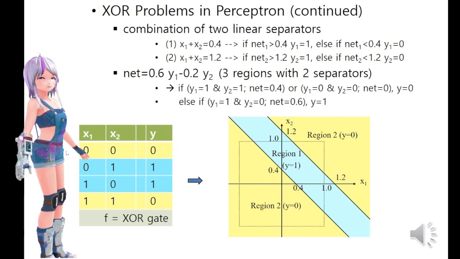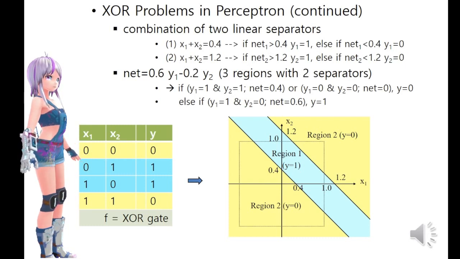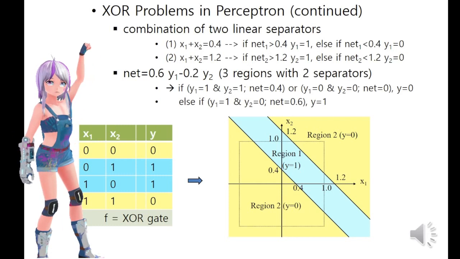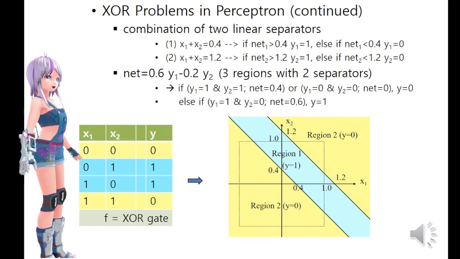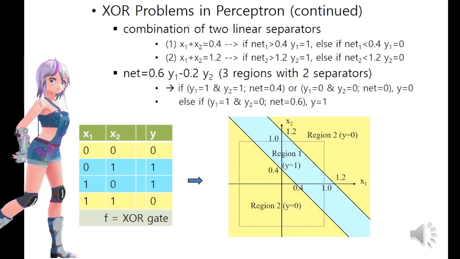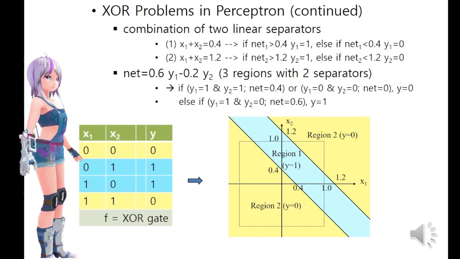So this will be an exclusive OR gate. And on the right hand side, we have three regions which generate either y equals 1 or y equals 0. The blue region represents the region in which the output becomes 1, and in region 2, the output becomes 0, the yellow region.